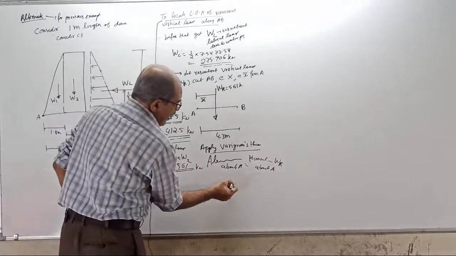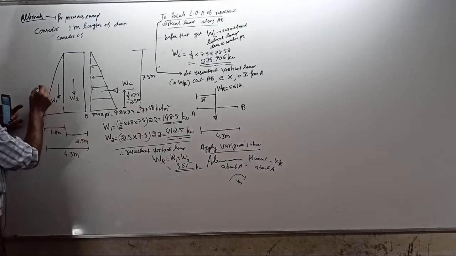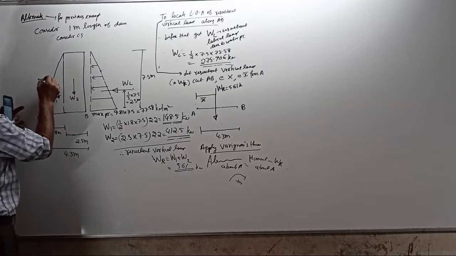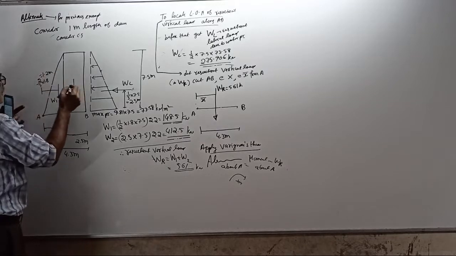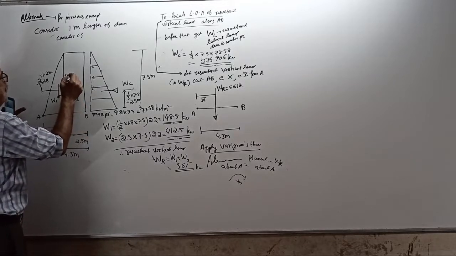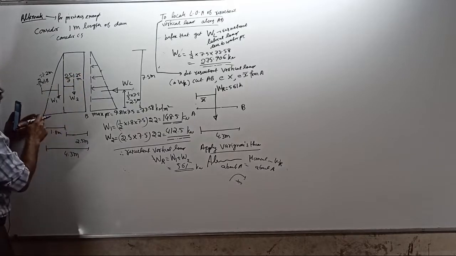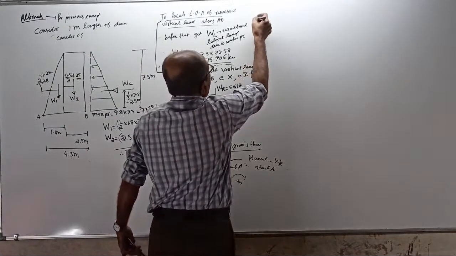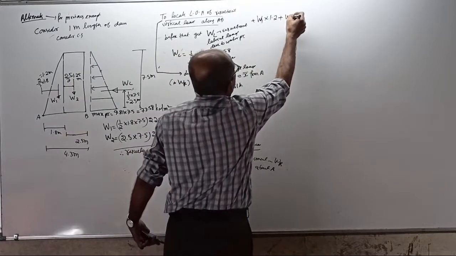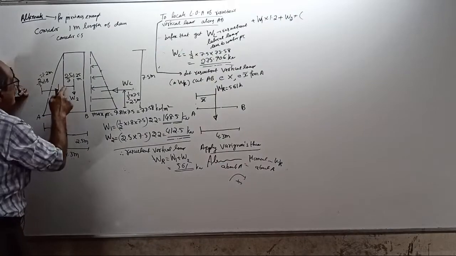Take clockwise positive. W1 is acting at a distance of 2 by 3 of 1.8, which is 1.2 meter. W2 is acting through the center, that is 2.5 by 2 equal to 1.25 meter. Take moment: W1 into 1.2 positive, plus W2 into, be careful, moment about this point, 1.8 plus 1.25.